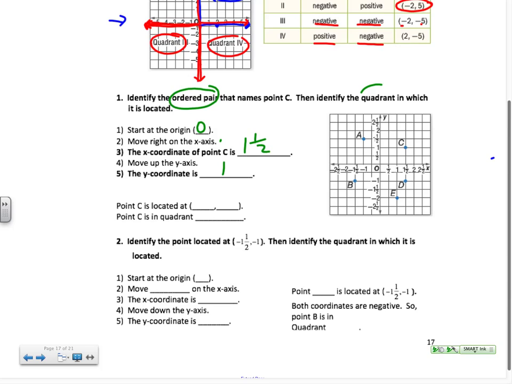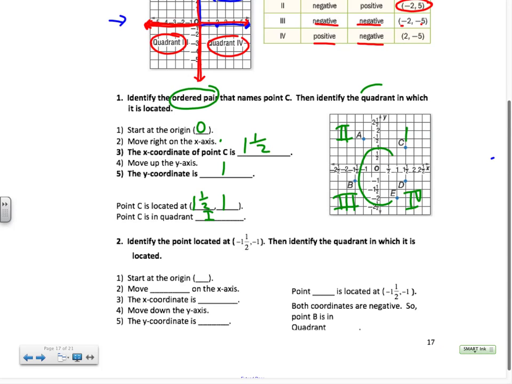So point C is located at x is 1.5, y is 1. Point C is in quadrant. Remember, this was 1, 2, 3, and 4. I like to remember it because it forms the letter C for coordinate grid. So that would be in quadrant 1, and it's a Roman numeral 1.